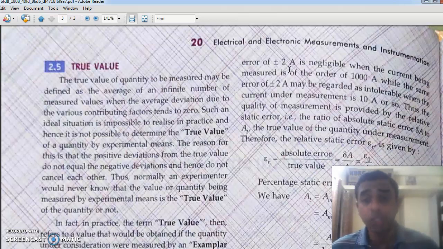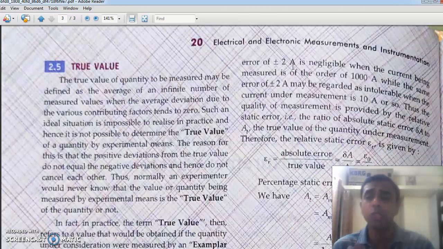Plus or minus 2 amps doesn't make any sense if you don't mention the proper reference. If you are measuring currents in the range of 1000 amps, then plus or minus 2 amps is not a proper error; it's a negligibly small error. 1000 minus 2 amps means 998 amps, plus 2 means 1002 amps.